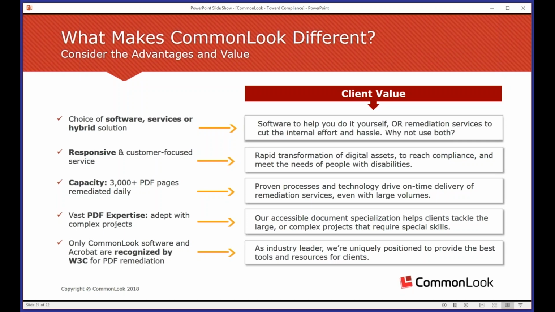If you're having us do the work, we'll get it done quickly, having the capacity to remediate over 3,000 pages per day. And not only are we going to do the work right, but we'll also stand behind what we do with a guarantee that your documents are accessible and standards conformant. Unlike other companies, PDF accessibility is the only thing that we do.